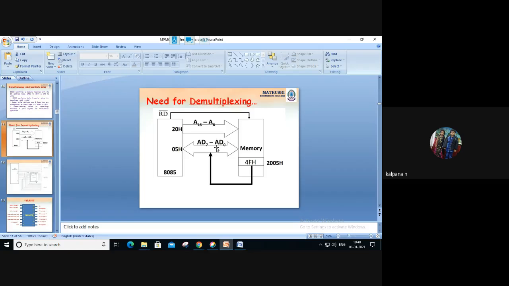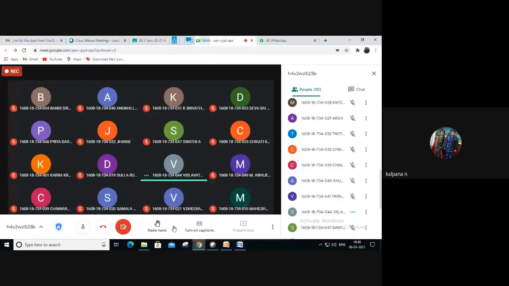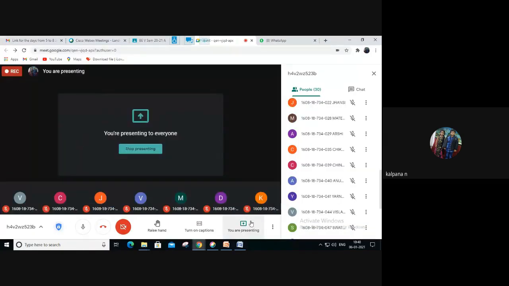Demultiplexing. Demultiplexing means separating the address lines from AD multiplexing lines. Understand? Demultiplexing means what? Separating the address lines from AD multiplexing lines.